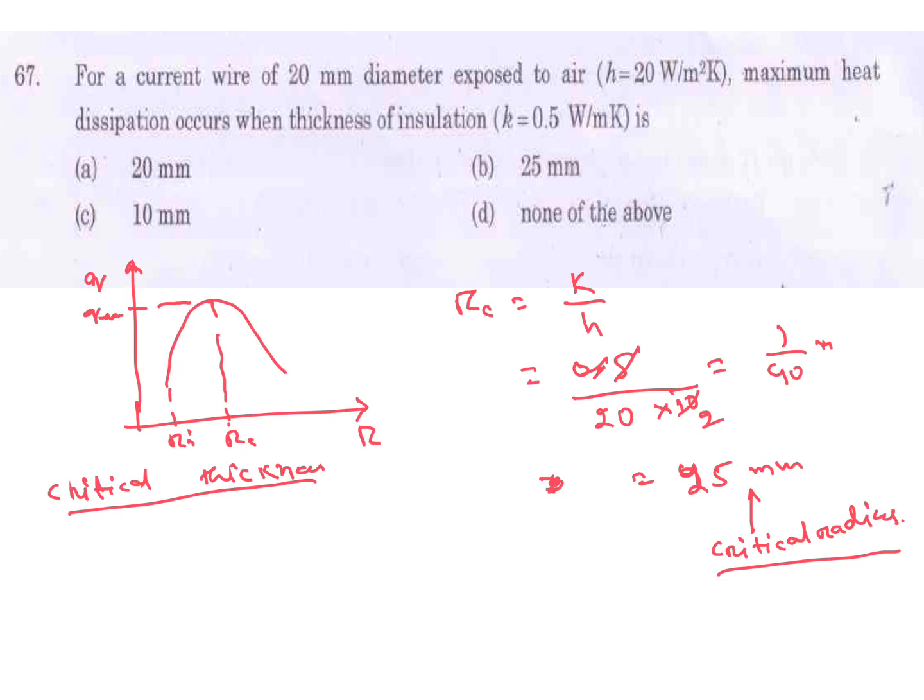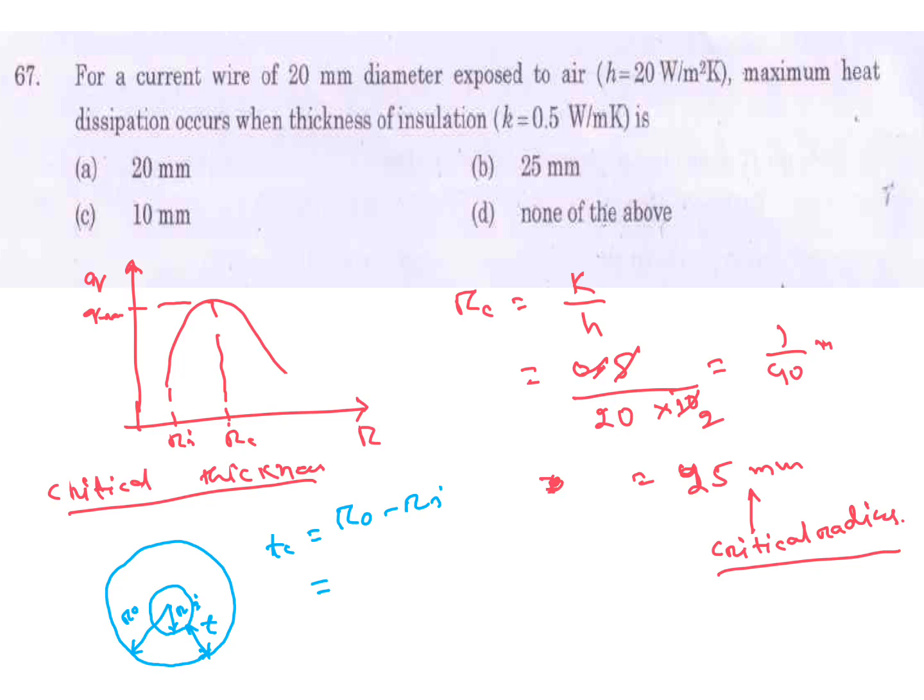If the wire is like this, this is RI, this is RO. Critical thickness is this one. Critical thickness TC is RO minus RI.